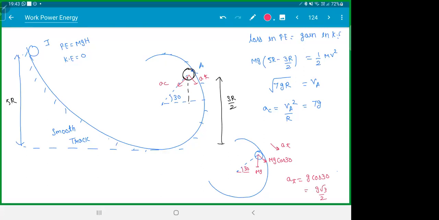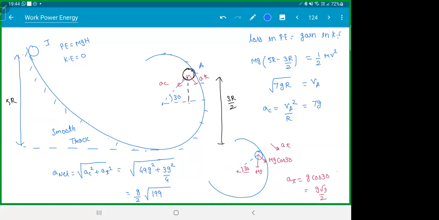Numbers are not that great. So what's the net acceleration? A net will be root over A centripetal square plus A tangential square, which is 49g square plus 3g square by 4. Numbers are not bad. Check my calculations. Did I do it right or did I go wrong somewhere? g by 2 root over, how much is this? 199 by 4 gives 199. Such a weird number though.